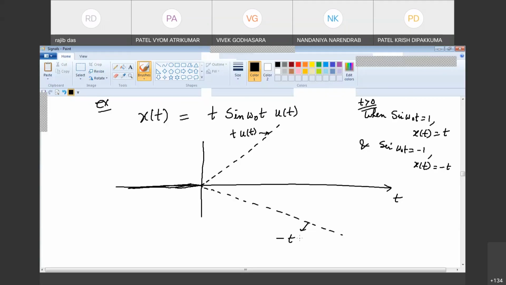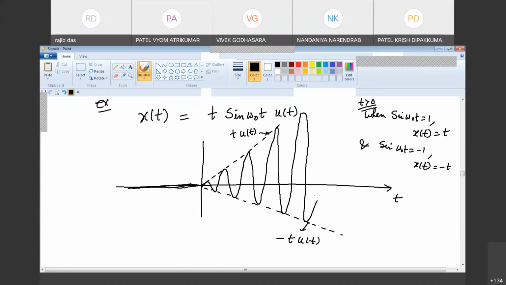So this is minus t u(t). Now the sinusoidal signal will fluctuate with respect to these two walls. So easily we can draw it like this. So this is a growing sinusoidal. The amplitude is growing over time.